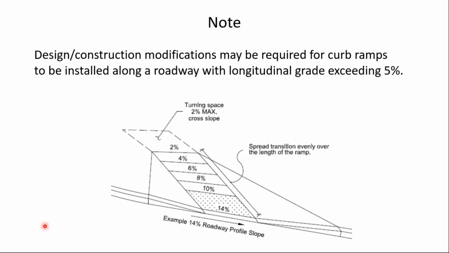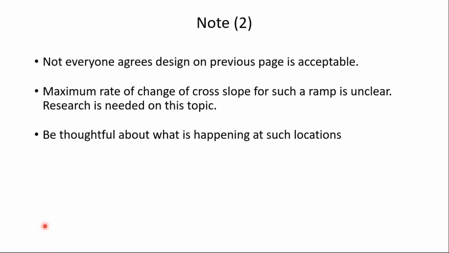I picked this up at a U.S. Access Board webinar a couple years ago, which they show as a possible transition. But sometimes when I show that, some agencies will say to me, Ron, my agency wouldn't allow that. And that's fine. As I say here, not everybody agrees that that design is acceptable.